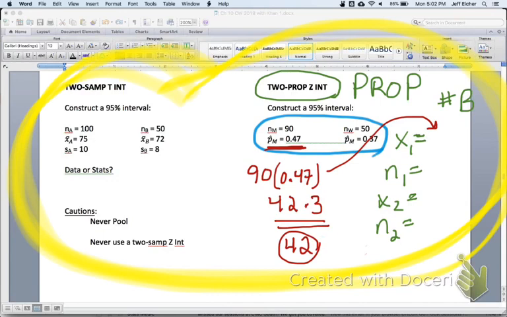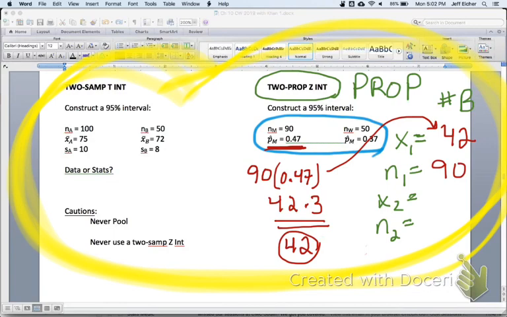The calculator will get confused because it's assuming you're talking about a full number of successes, 42 successes. You can't have 42.3 successes, so we'll put 42 here. So we'll go back, type 42, hit enter. The sample size is 90, so we'll put 90 there, hit enter.